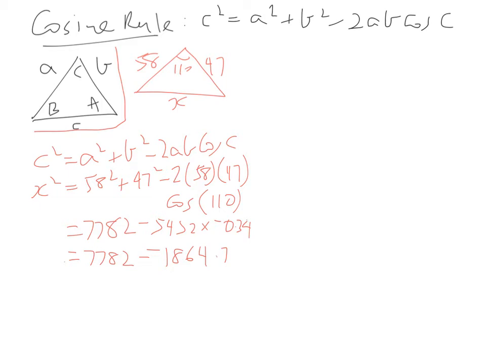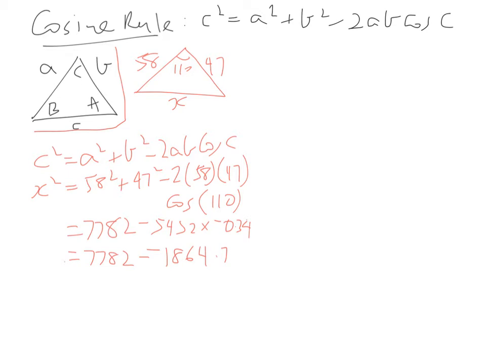Now these two need to be added because two negatives make a positive. So I'm going to say 7782 plus 1864.7. That's what x squared equals.